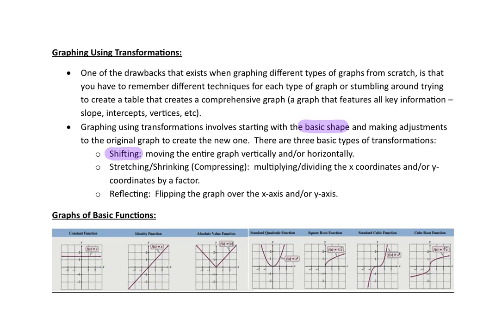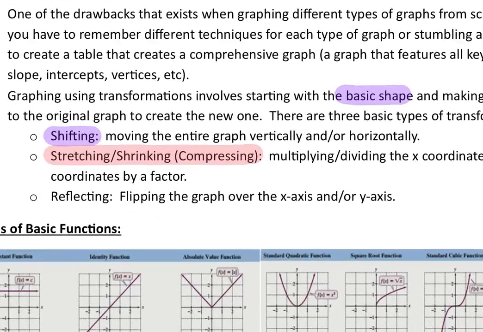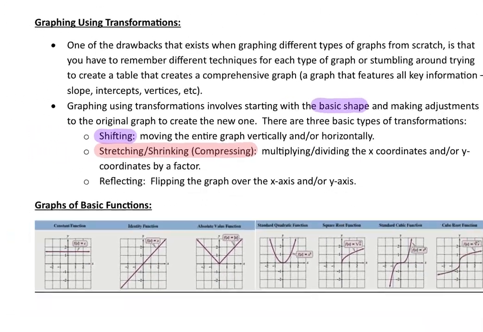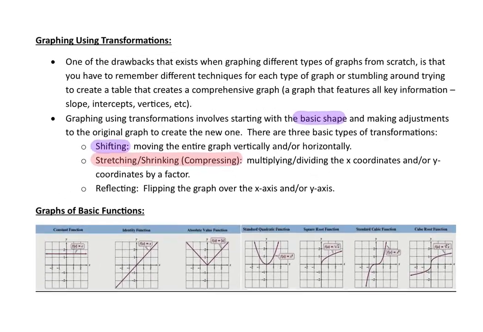The second one that we have, and we'll look at this in the next section, is going to be stretching or compressing. I call it compressing, the book calls it shrinking. And what this entails is we are going to stretch or we are going to shrink.